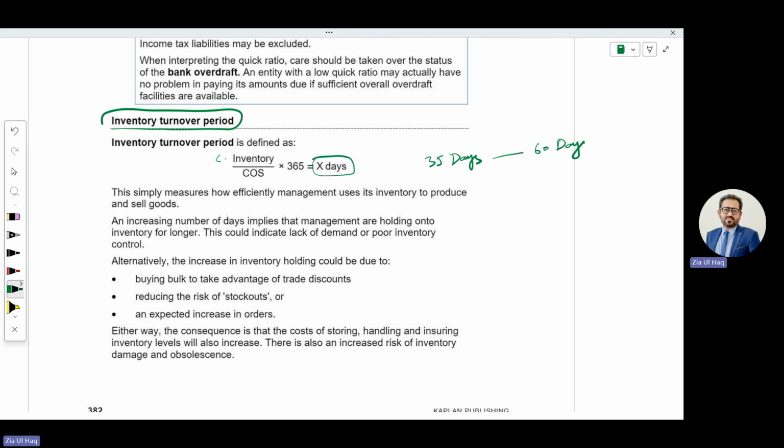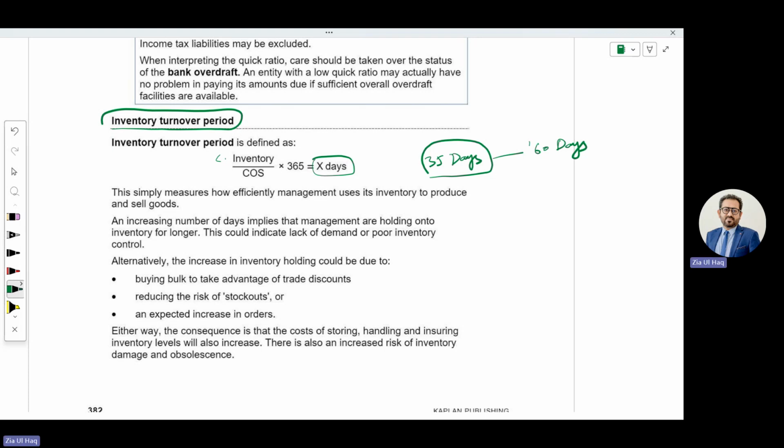Malik sir told this in the performance management chapter. So if the answer is 35 days, this means the inventory is stuck in the business for 35 days. It means after keeping inventory for 35 days, we can convert it into sales.